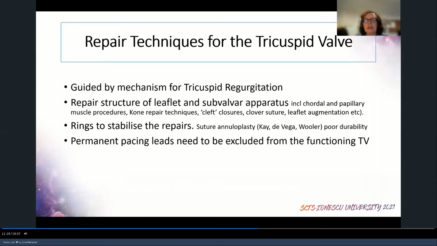If the mechanism involves the structure of the leaflet and subvalvular apparatus, then generally valve repair techniques, including chordal and papillary muscle procedures, cleft closures, etc., can be applied. Increasingly, rings are used to stabilize these repairs, and permanent pacing leads need to be excluded from the orifice of the functioning tricuspid valve.